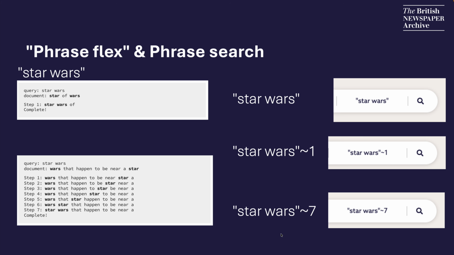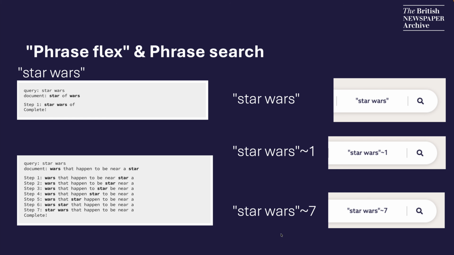Another concept we've introduced in this product is the idea of phrase flex. Phrase search is very powerful because it enables you to search for words in conjunction with each other. And anybody who's done a newspaper search knows how important that is.